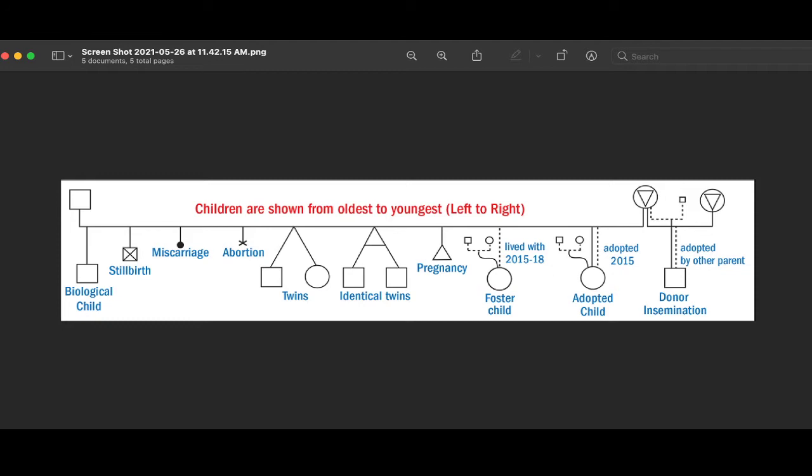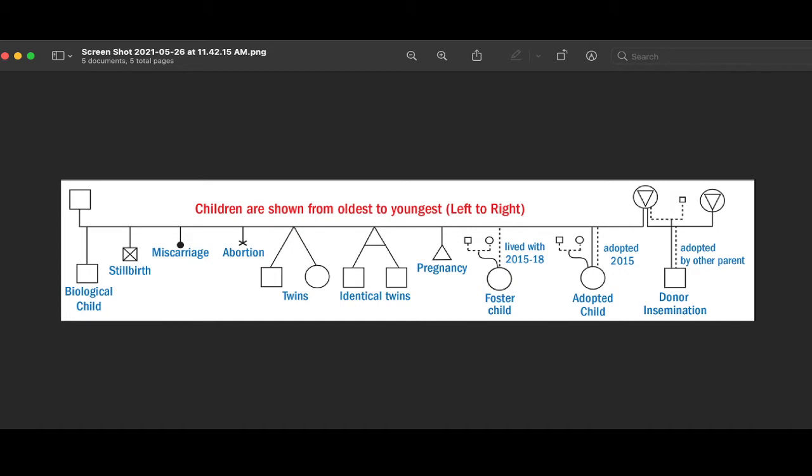The first thing to know is that you start from the oldest and go to the youngest, from left to right, so that as you're reading the genogram, you understand who is the oldest and who is not. You also include things like biological children, stillbirth, miscarriage, abortions, twins, adoptions, and if there's any insemination or IVF.